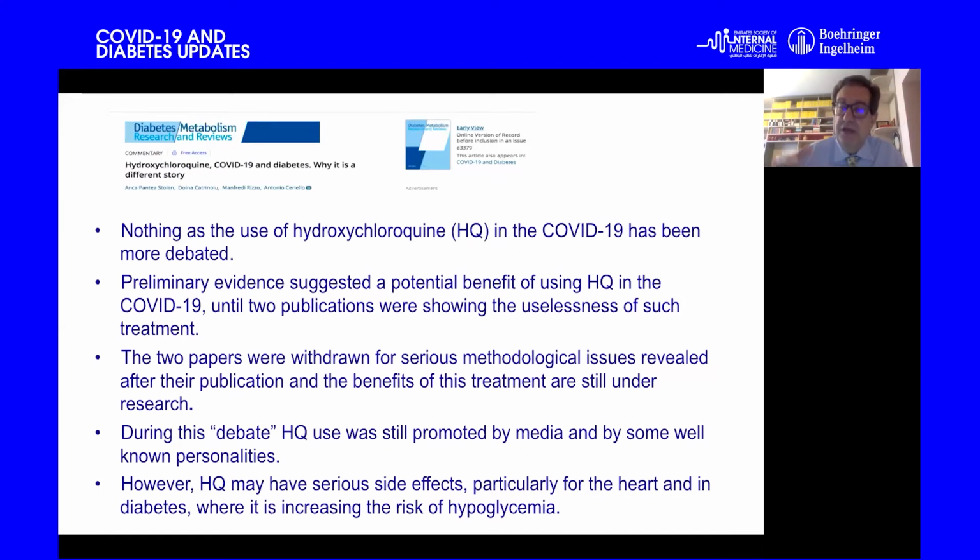Hydroxychloroquine can induce hypoglycemia. It's a very good anti-hyperglycemic agent, if you exclude the side effects, of course. So if you combine hydroxychloroquine with the current therapy for the management of hyperglycemia, you really increase the risk of having a lot of episodes of hypoglycemia, which of course can be very, very dangerous.